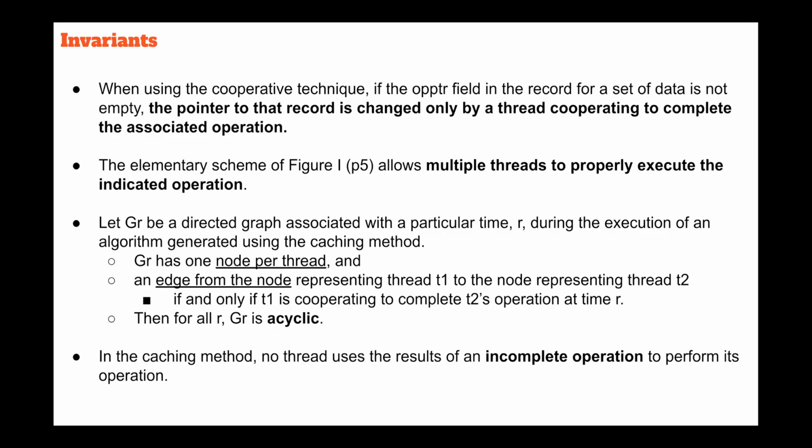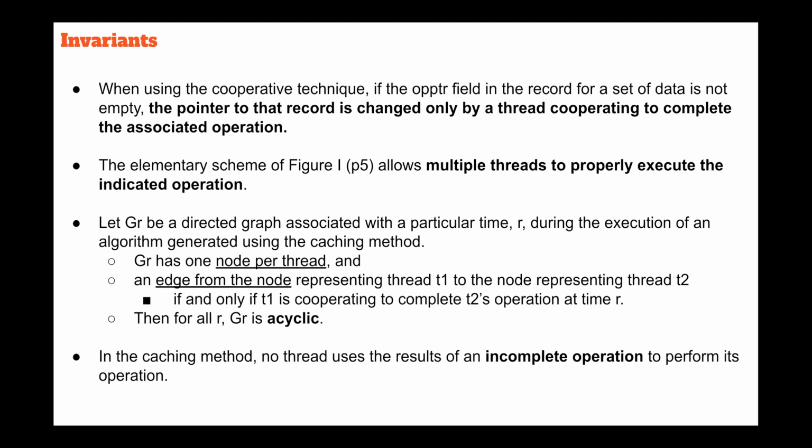So correctness-wise, there are four invariants covered in the paper. One is that the pointer to the record is only changed by a thread which is cooperating to complete the associated operation. The second is that multiple threads can work on the shared data structure. The third is about creating a directed graph using nodes and edges.